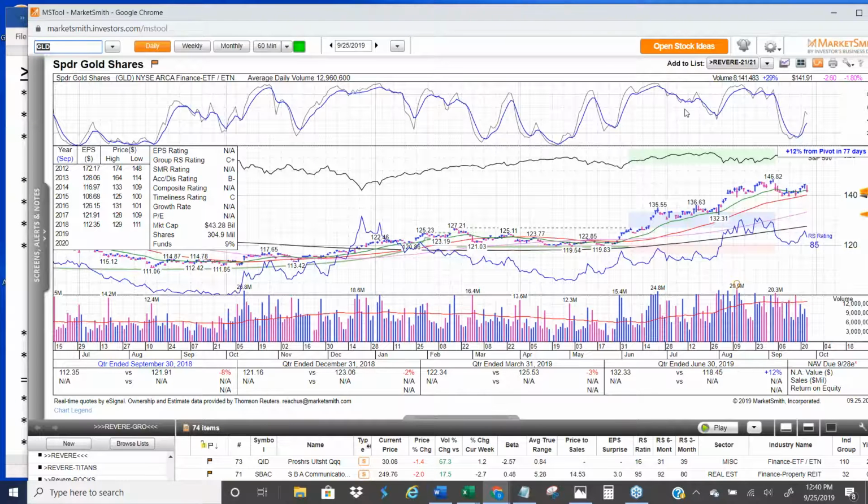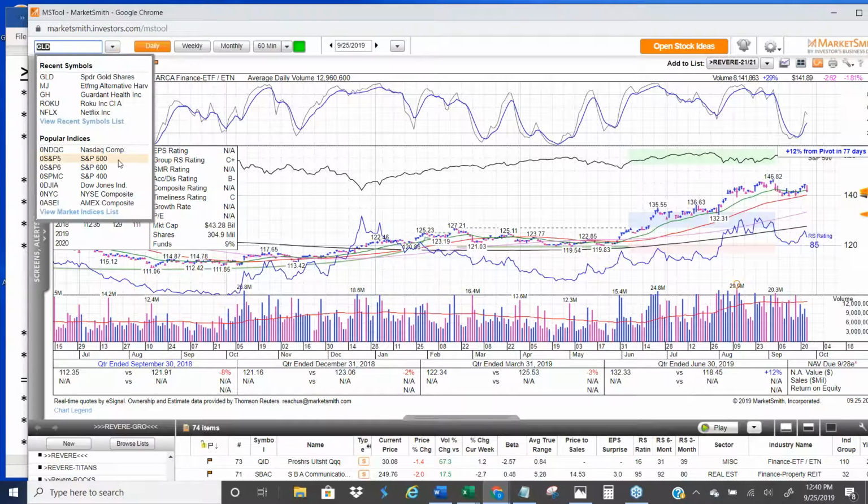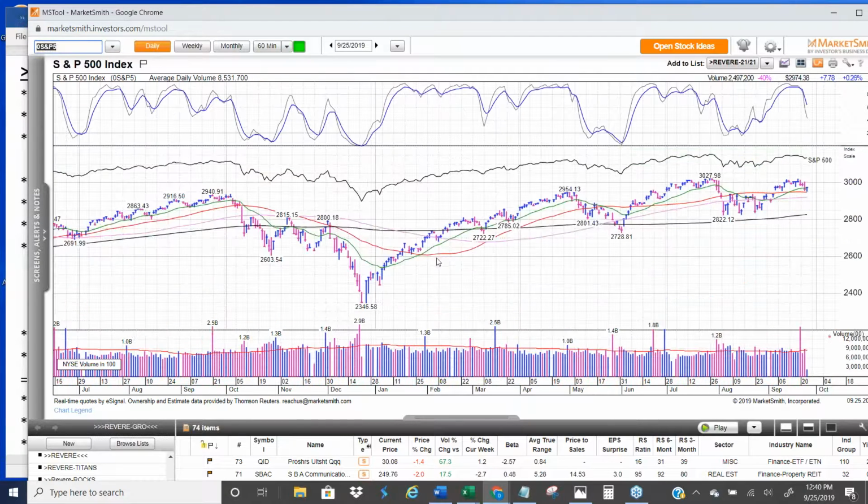And this is not something that you see people using quite a bit when they show MarketSmith charts. I use it less when we're in a strong trending market, but it's very important when you're in a range bound market.